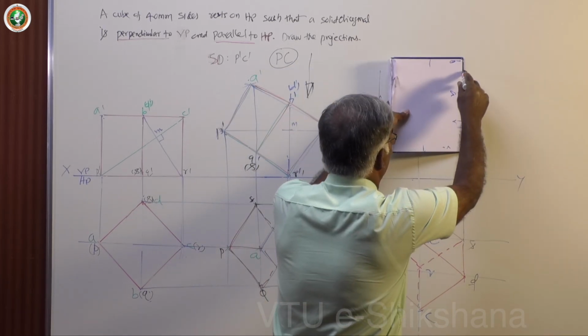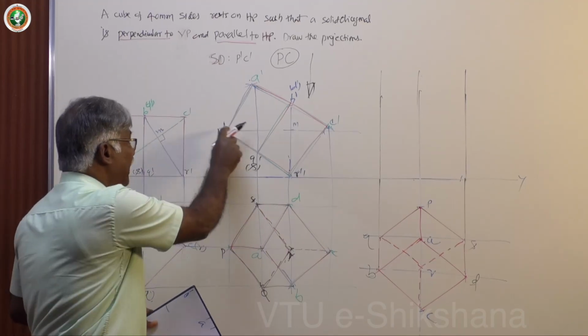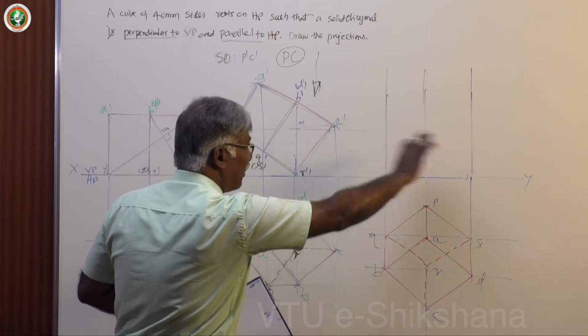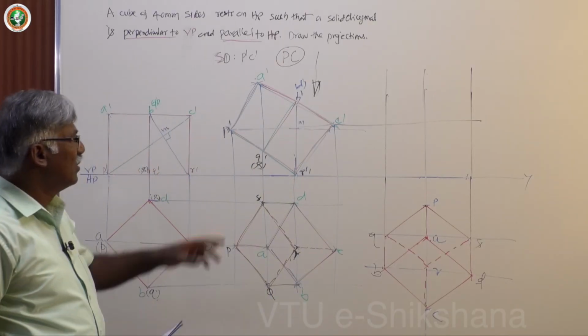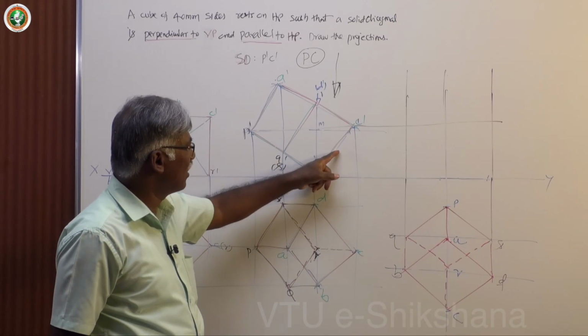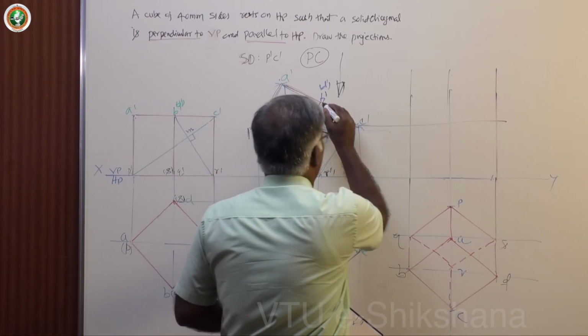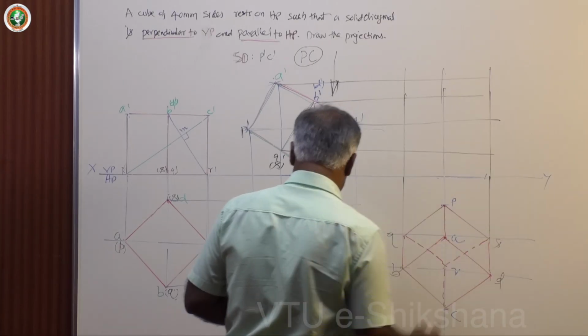Take all points. Now, please see that PC is a single line and the horizontal line is a single line. Don't get confused. Single line, because if you make two lines, problem starts. Because it is a horizontal line, you know very well. Then top face projectors, base projectors. That's all.